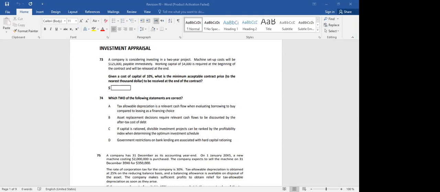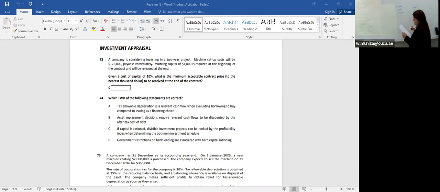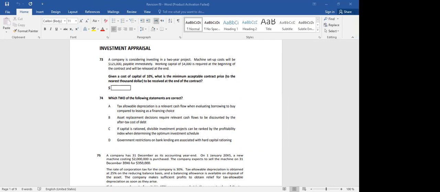The discounting factor for 10% at year 0 is 1. At year 1, it is 0.909, but it is not required since there is no cash flow in year 1 for us. In year 2, for 10%, it is 0.826. Is it, Angelika? Yes, Miss, 0.826.